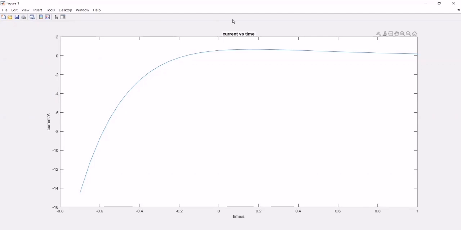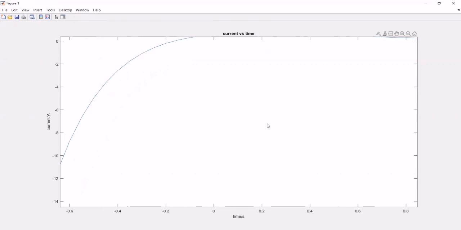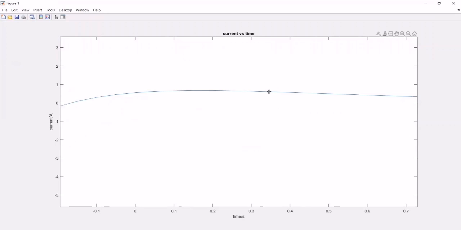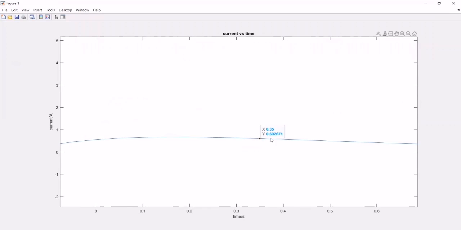The last question asks us to find the current at a specific time, which is 0.35. We zoom in, and at 0.35 the y-axis is 0.602, which is the same as hand calculation and our MATLAB software. So the final answer is true. So next question.